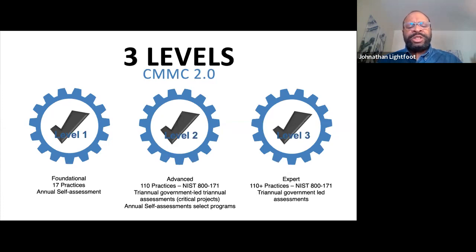There's something else with that level 2. The other thing about level 2 is handling this type of information. This is when you're getting into CUI. They have this concept of critical projects, and it's going to be very interesting when they give us more guidance to tell us the definition of a critical project as opposed to a non-critical project.